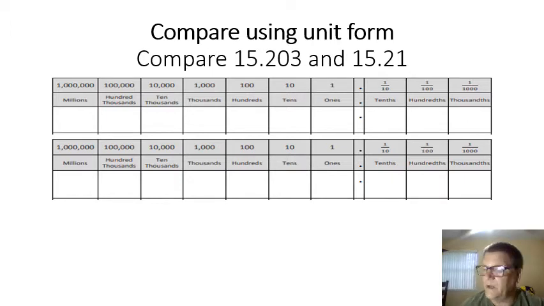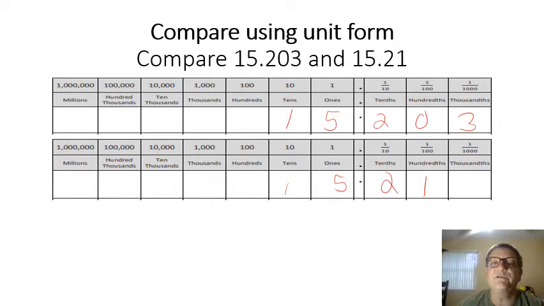Okay, so once again, now we're going to compare these two. I'm starting here, and I'm going to put them in the place value charts just so it's easier to read. I'm going to put this one in 15, and my decimal, there's 203, and the other one is 1521. So I can see this one here.